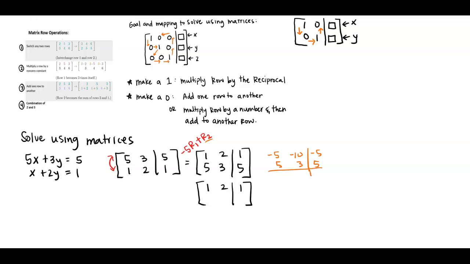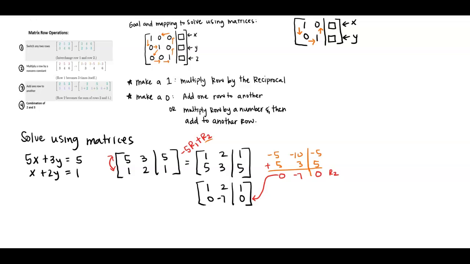And then when I add those together, I get 0, negative 7, and 0. And remember, this becomes my new row 2, right? So make sure you're writing it down in such a way so you remember. Okay, so that's going to come here now. So 0, negative 7, and 0.